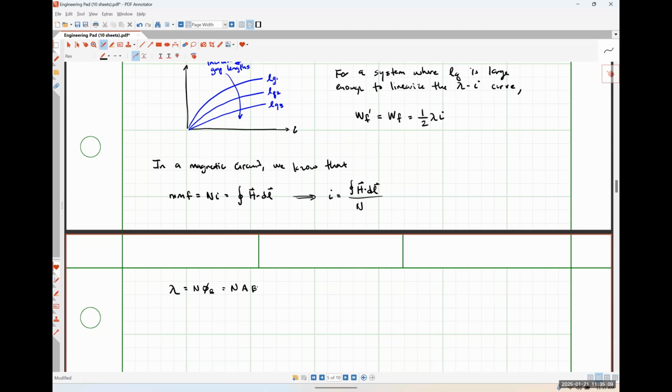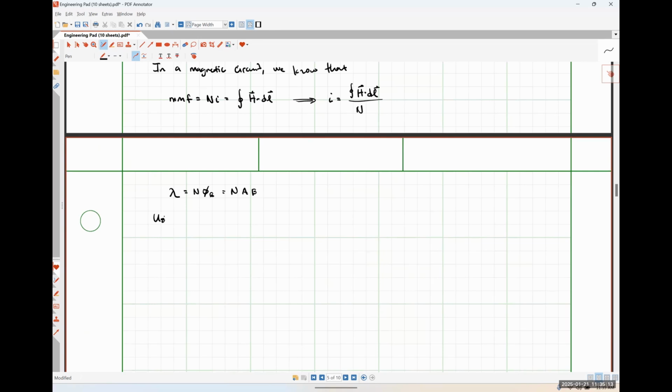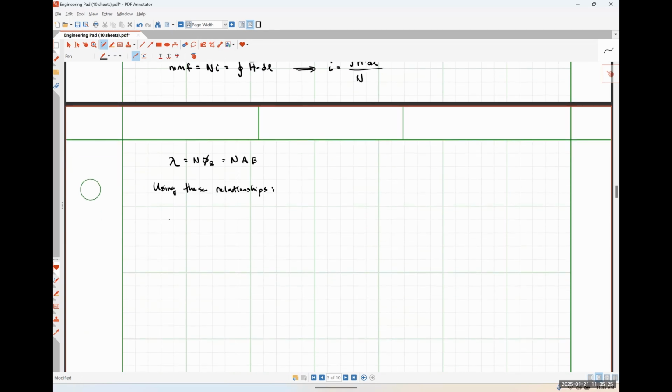And so using these relationships, we wind up getting our field energy is the integral from 0 to flux linkage of I times the derivative of flux linkage.